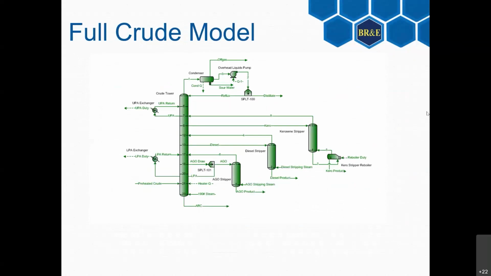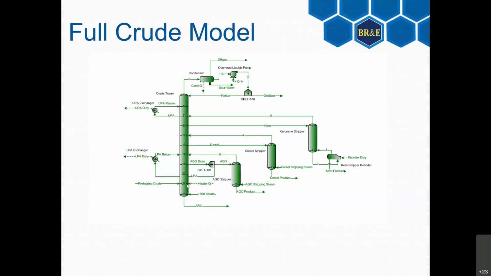Does everyone here in the web session have a pretty good idea of the way the atmospheric crude unit operates? Again, we're going to be operating the crude unit at minimal pressure, the goal being to elevate the temperature of the crude and flash off as much of it as possible in the flash zone, where the preheated crude enters on what would be stage 21 here in this model.